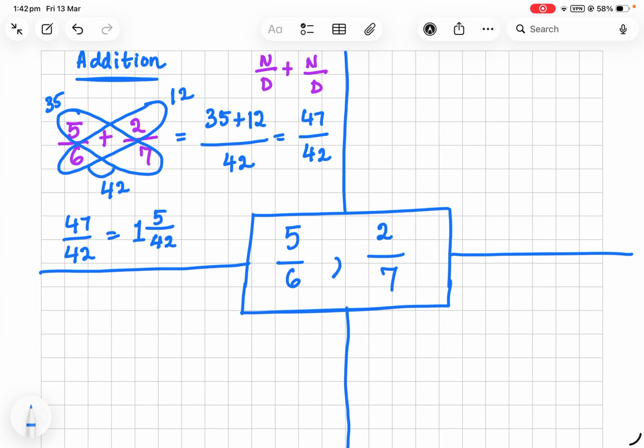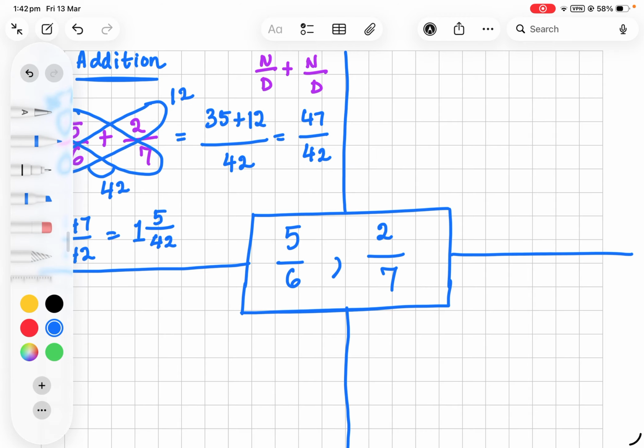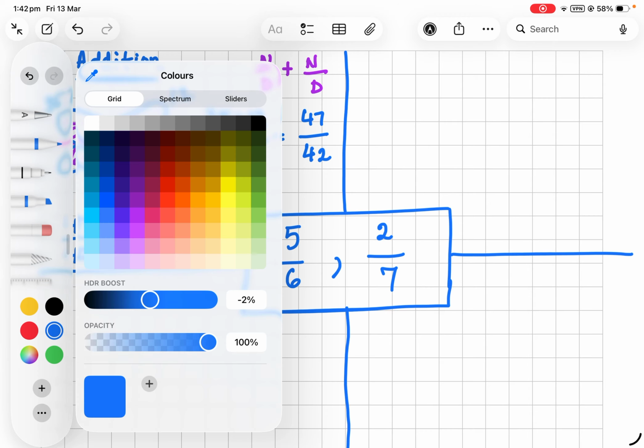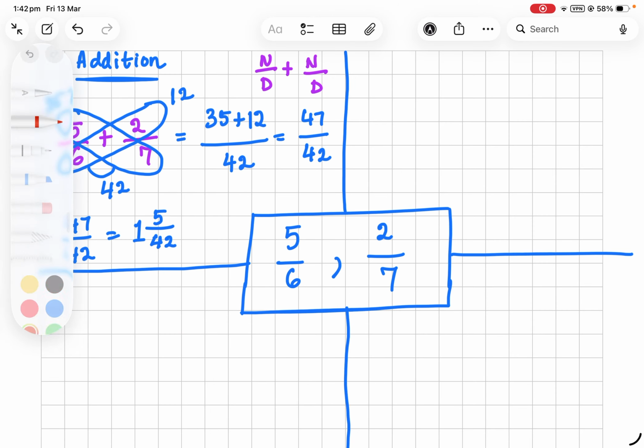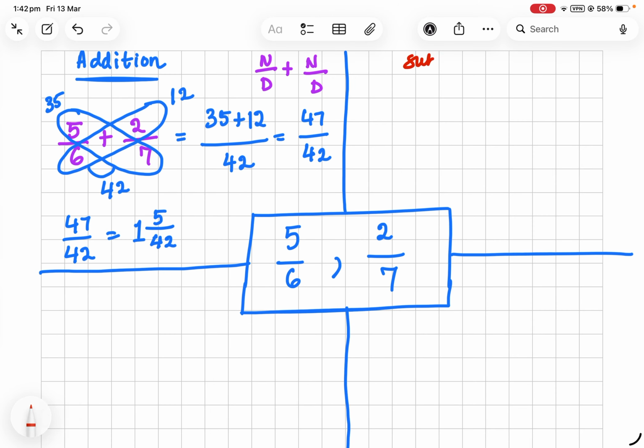Now, as a teacher, you have another scenario where we are going to do subtraction. You can use the same technique, which is very good. So let's say you have 5 out of 6, and this time it's subtracting 2 out of 7.